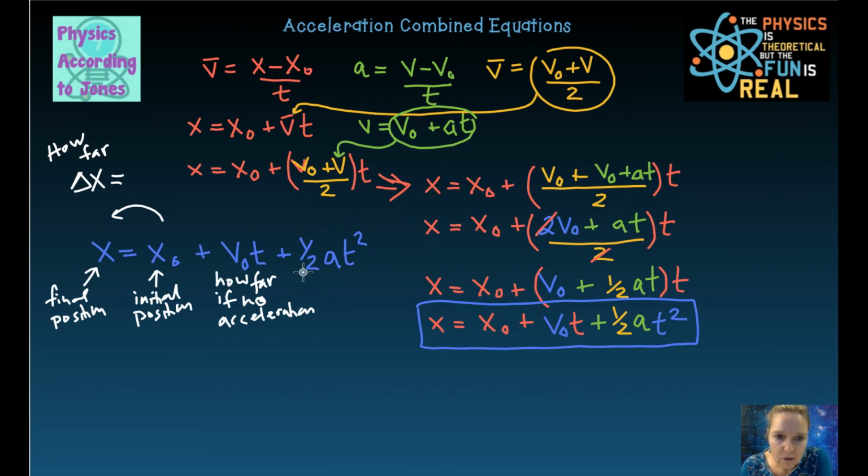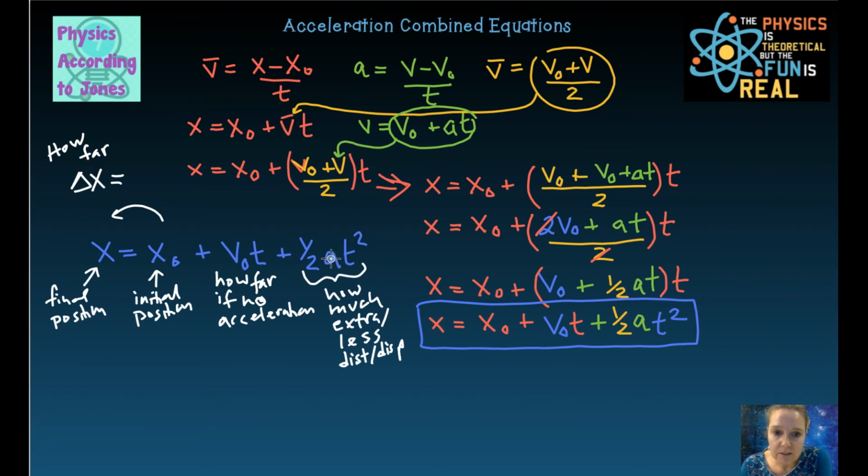And this part right here tells you how much extra or less that you would travel, or how much extra or less your displacement, okay? So it's how much less distance or displacement due to the acceleration.